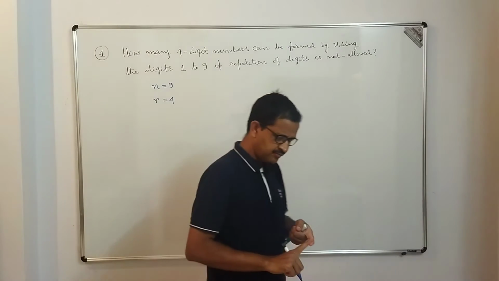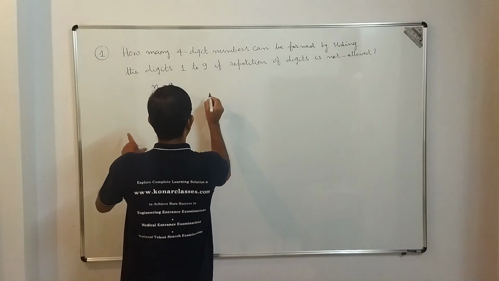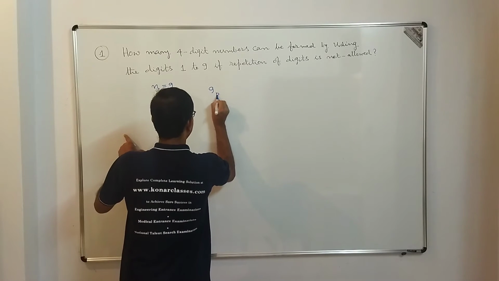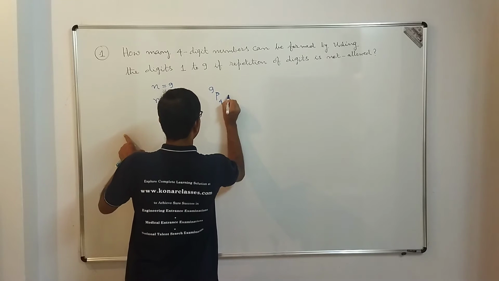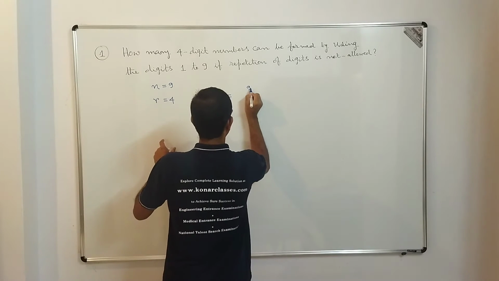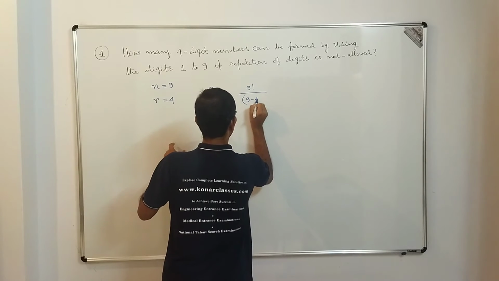Now the point is the repetition is not allowed. So that means the formula should be 9Pr, correct? 9Pr means 9P4 in this case. So this is equal to factorial 9 divided by factorial 9 minus 4.